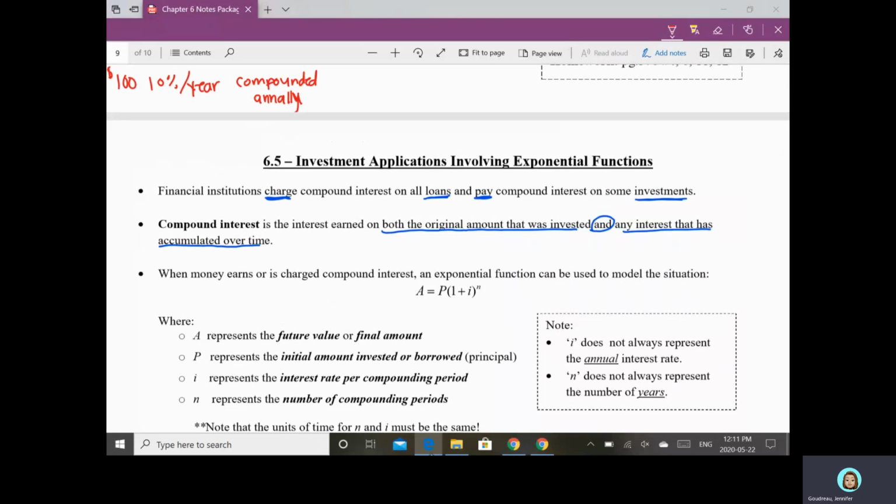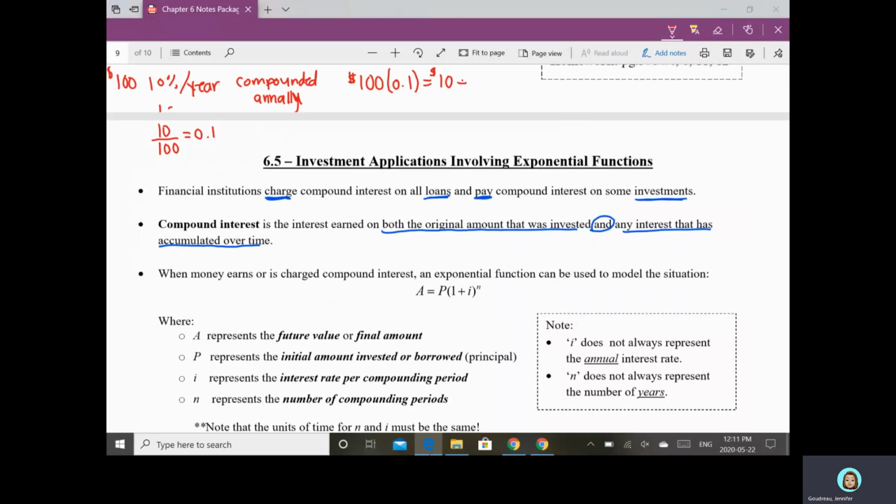Let's do a quick calculation here. If we take that $100 and we multiply it by, now we're not going to multiply it by 10%. We're going to take that 10%, we're going to divide it by 100 to turn it into a decimal. That gives us 0.1. So the $100 times 0.1 gives us 10.